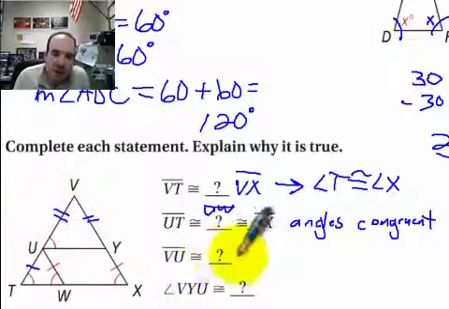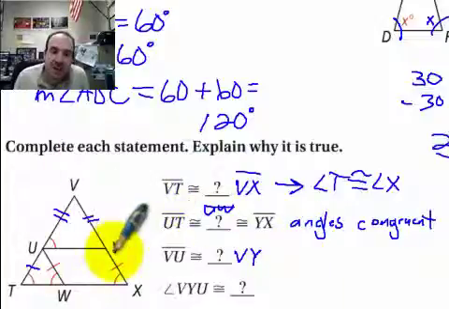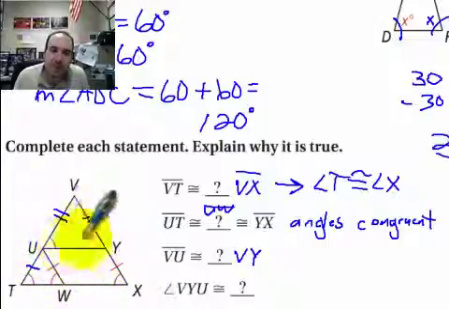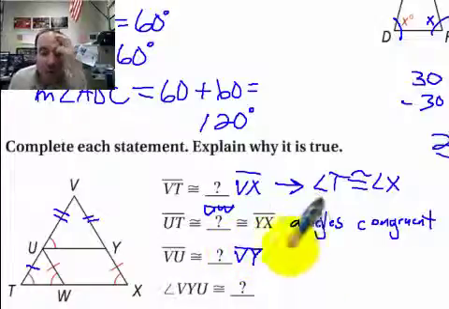So VU is congruent to VY, and there's a lot of reasons for that. Basically, I know these two segments are the same, and I know the totals were the same. So if I subtract the little pieces, my result should still be the same, okay? And that needs a segment marker above it.